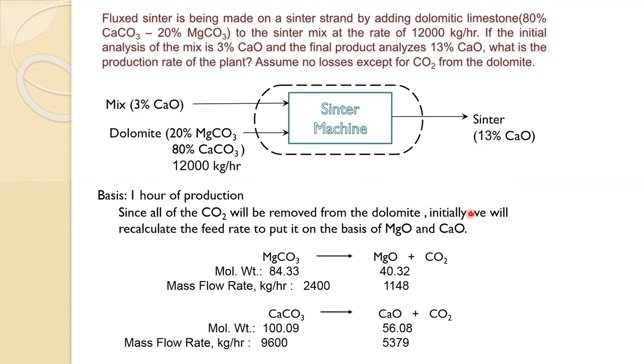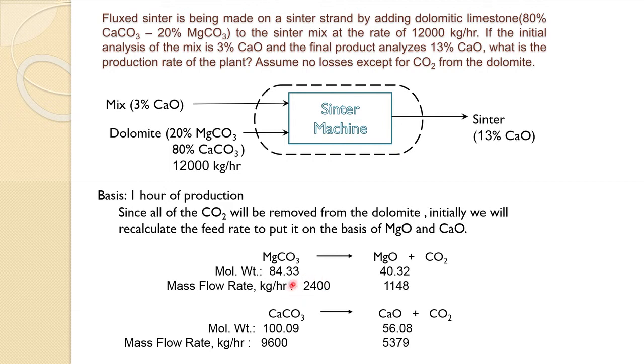So, initially we will recalculate the feed rate to put it on the basis of magnesium oxide and lime. So, we can write this equation of dissociation of magnesium carbonate. So, 84.33 kg gives you around 40 kg magnesium oxide, and if we look at the flow rate, it is this and 20% magnesium carbonate.